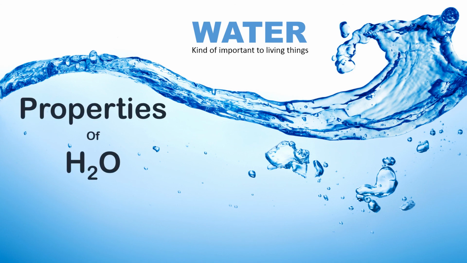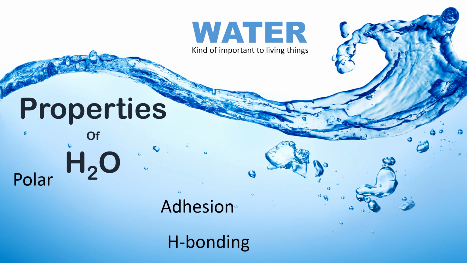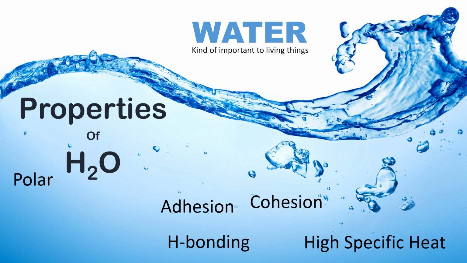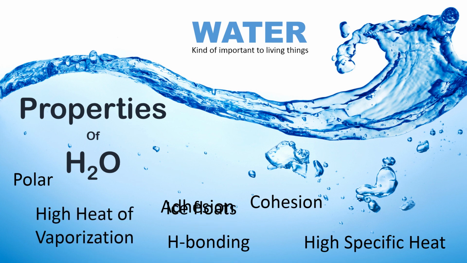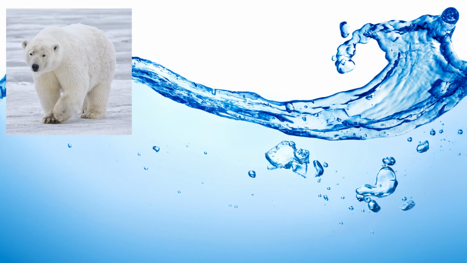There are several that we should know about, things like its polarity, hydrogen bonding, the way that it adheres and coheres, so adhesion and cohesion, the fact that it has a really high specific heat and high heat of vaporization, and that ice floats. All of these are kind of neat things about water itself.